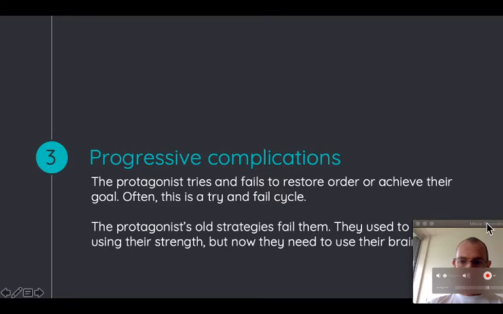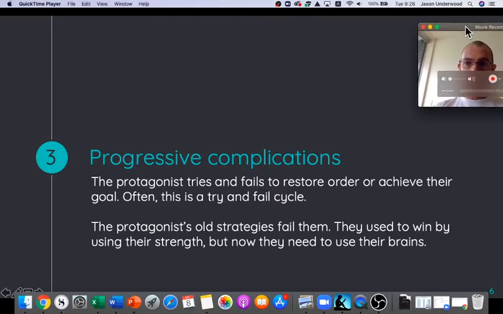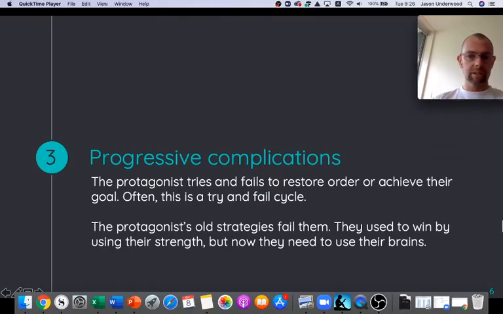Right, progressive complications are what happens next. And these are where the protagonist tries and fails to restore order to their world or to achieve their goal. James Bond, for example, is very goal-focused. He gets his mission at the start of the film and he works towards achieving his mission throughout the film.